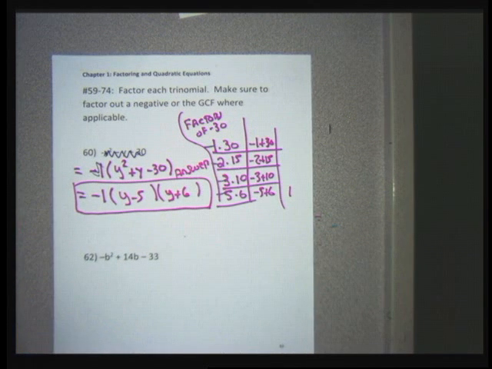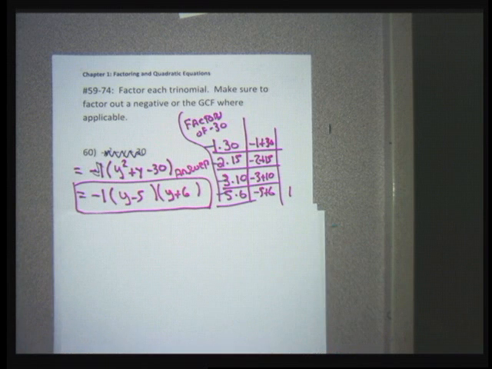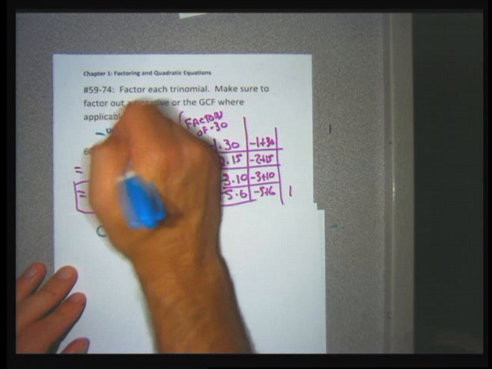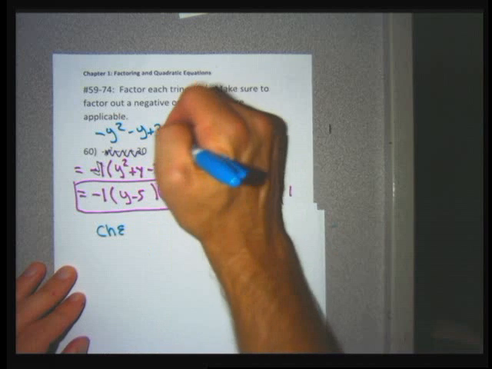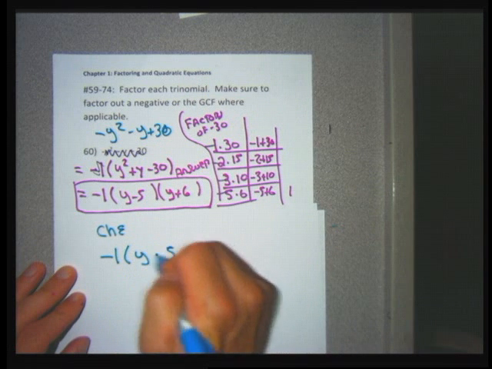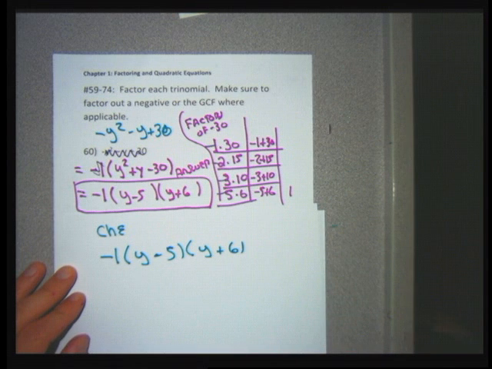Let me show you how to check this. It's a little tricky to check. It's actually a lot tricky to check. You don't have to check it, but to check it, you would do this. So the original problem was negative y squared minus y plus 30. I need to get that when I check it, and I need to multiply this out. First thing I'm going to do is work from left to right.